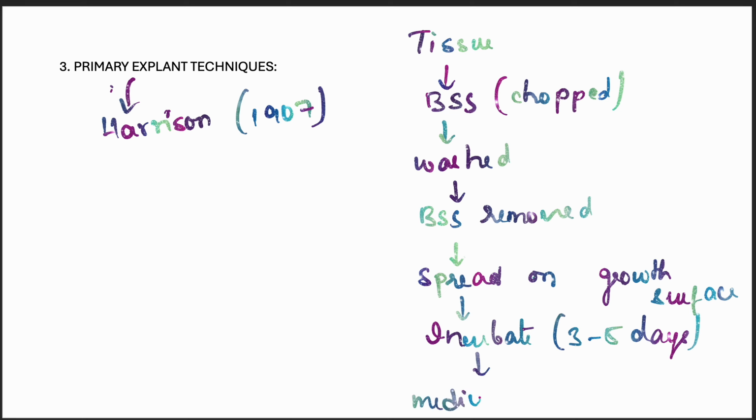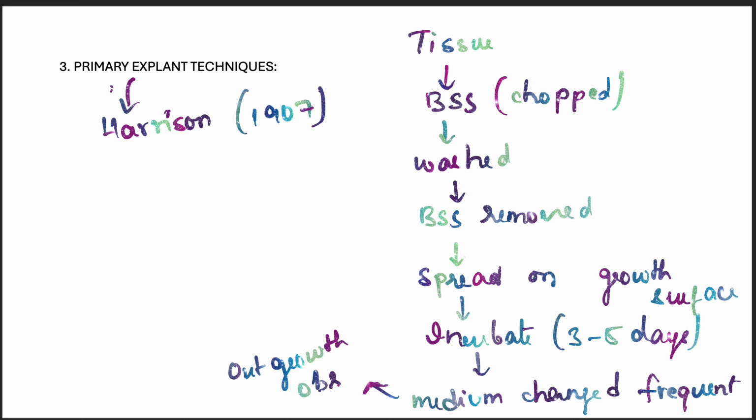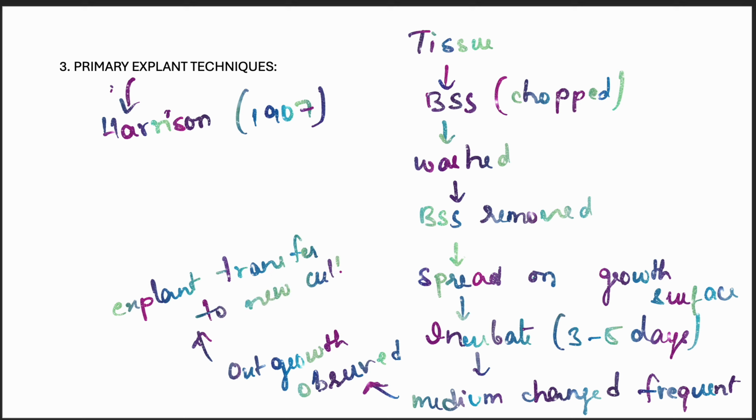The medium is changed frequently. Frequent medium change is required when the outgrowth of the cells is observed. When outgrowth is observed, these explants are transferred to a new culture vessel, where the primary culture takes place.